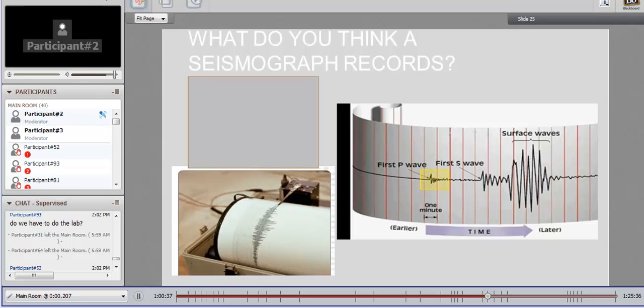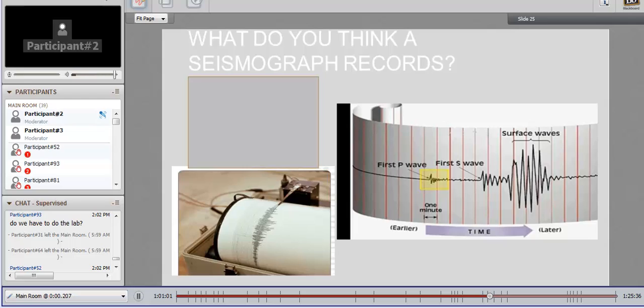What do you think a seismograph records? So we all know that a seismograph records an earthquake, right? But what specifically does it record? The intensity, definitely, and it records those waves.